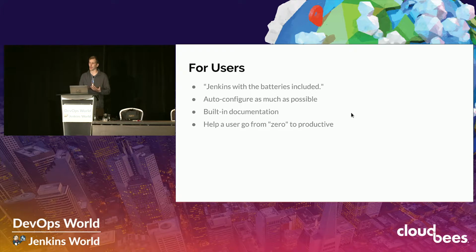And I think that's an important sea change for how the Jenkins project has typically viewed our documentation and education responsibilities to users. And so with Evergreen, we consider that one of the major aspects that we need to include in the distribution. And all of that sort of comes together to help the user go from, I downloaded this thing, to I want to run my pipelines as quickly as possible. And that's sort of the big overarching goal that we have here.